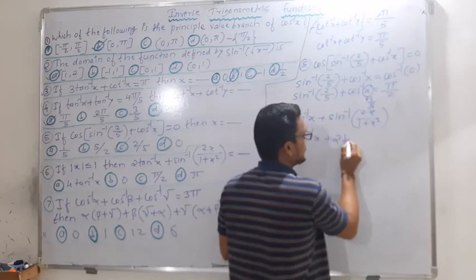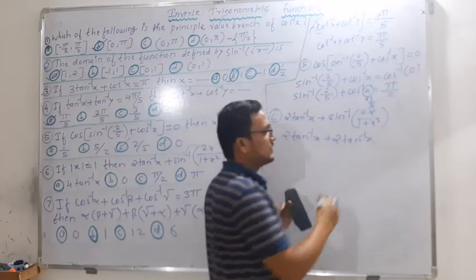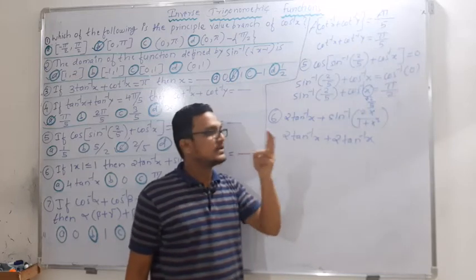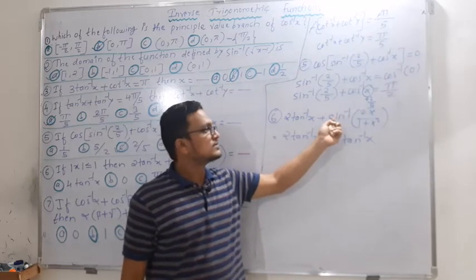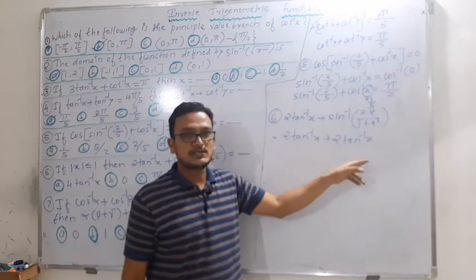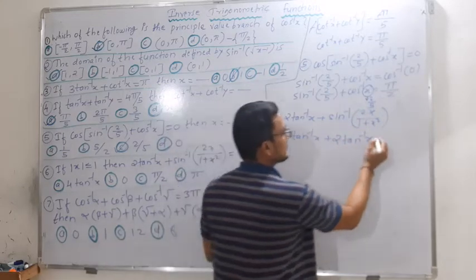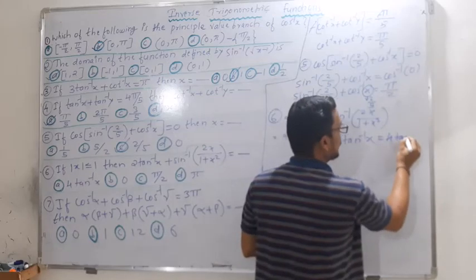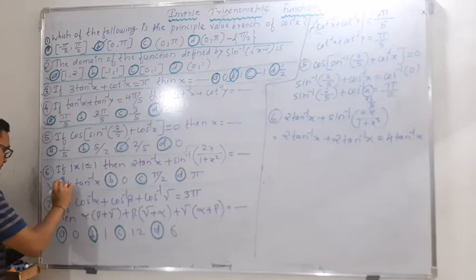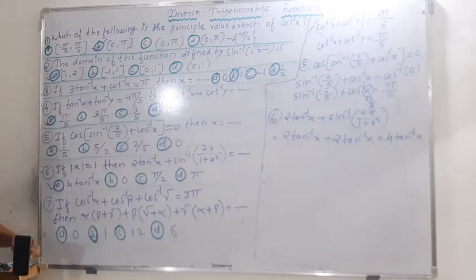That is 2 tan inverse x. If you remember, for 2 tan inverse x there are 3 formulas, right? Among that this is the one. So sin inverse of 2x divided by 1 plus x square is 2 tan inverse x. So 2 tan inverse x plus 2 tan inverse x is how much? 4 tan inverse x. So option A will be correct.